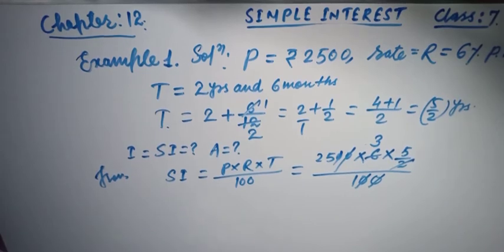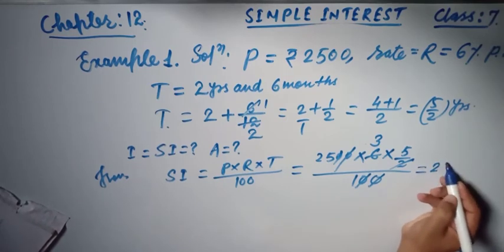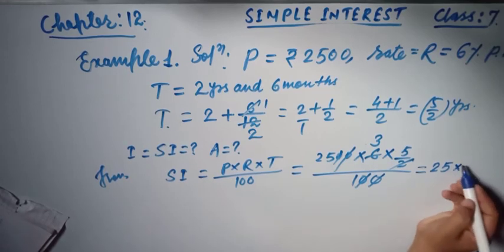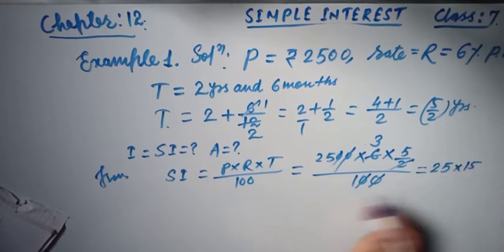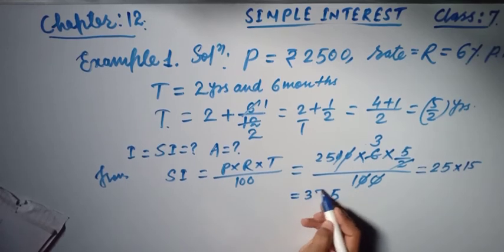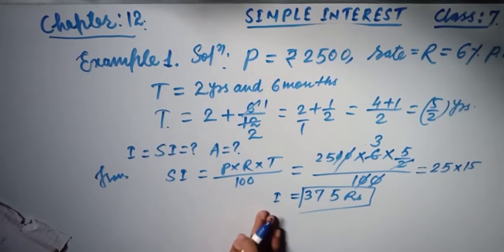Now after multiplying we will get the SI as 25 multiplied by 15, which is 375 rupees. So this is I, friends, means simple interest.